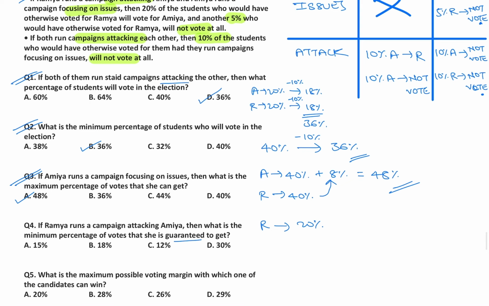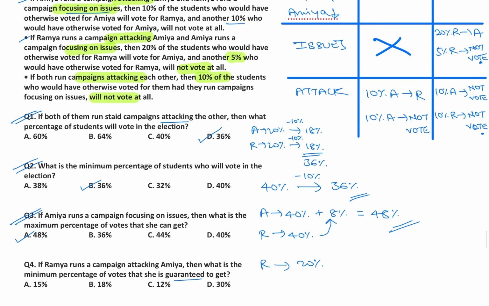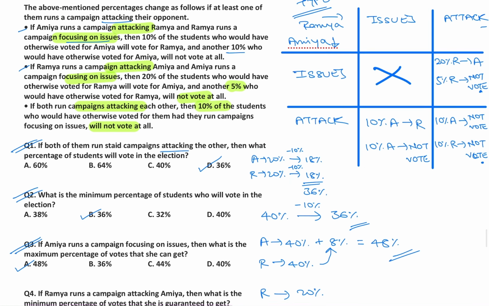Okay, so when R is 20%, here if you look at this case, okay, I know that Ramya is attacking. If you look at this case, 20% of Ramya's votes are redirected to Amya. Okay, so and 25%. Okay, so overall here, if you see, 25% of Ramya's votes are getting redirected somewhere or they are getting lost. By getting lost, I mean that those 5% of the voters are not voting at all.